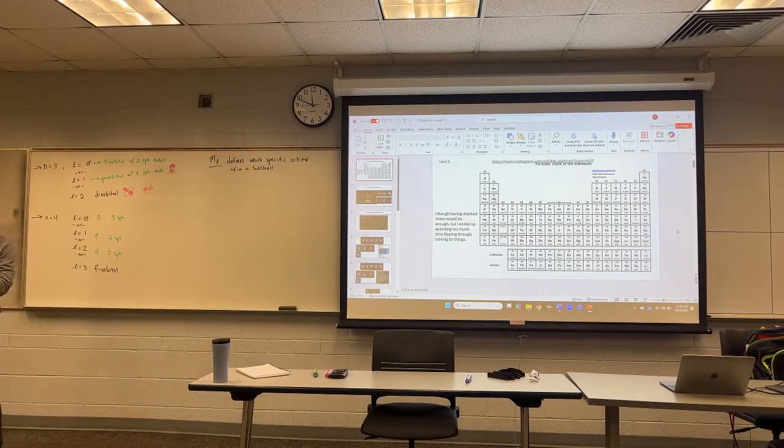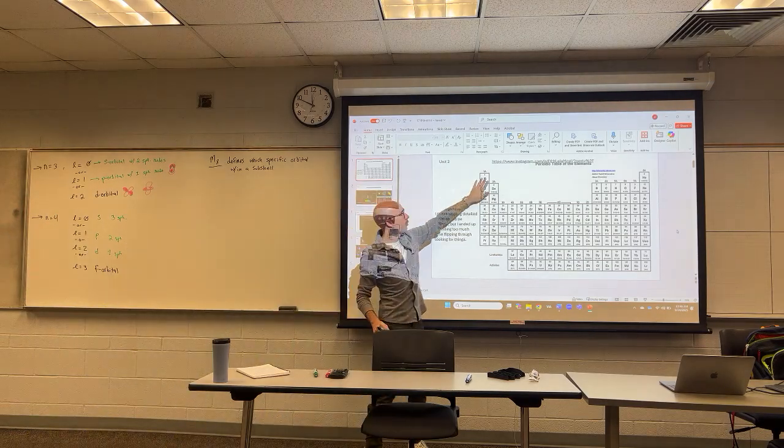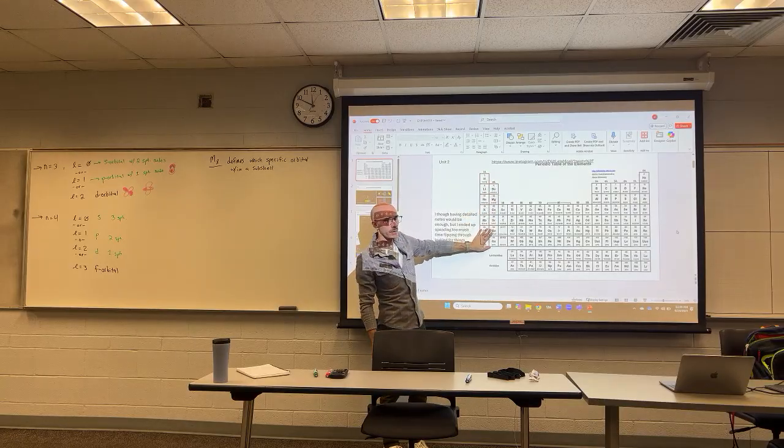M sub L defines which of the specific orbitals you will find your electron in. With each increasing subshell, you get an increasing number of orbitals. S subshell always has 1 orbital.